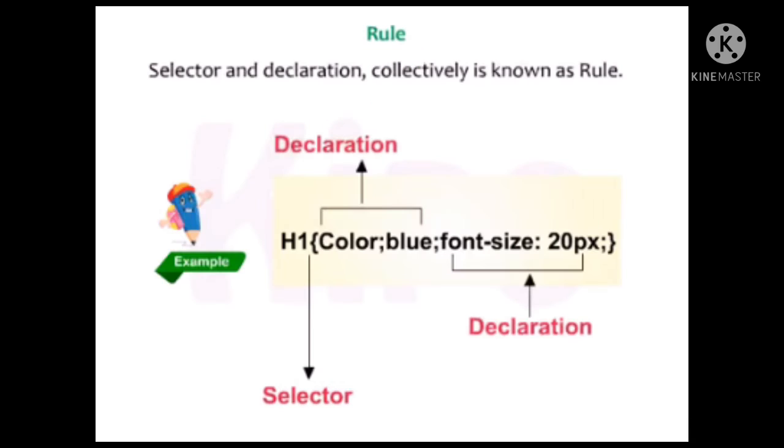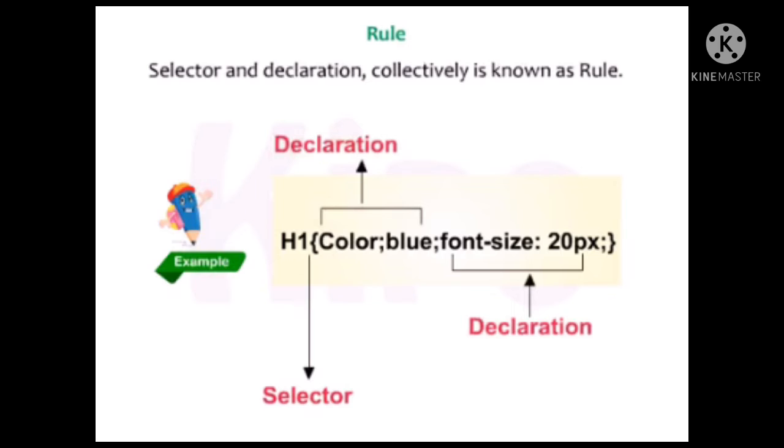And the next one is rule. Rule means the syntax itself. So the selector and declaration together are known as a rule. Here you can see, this is an example of a rule. Different declarations are there, not only one declaration.